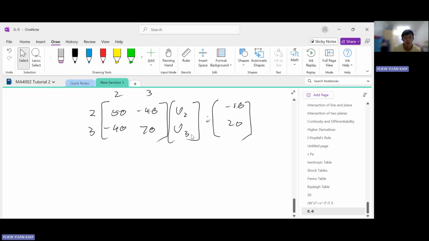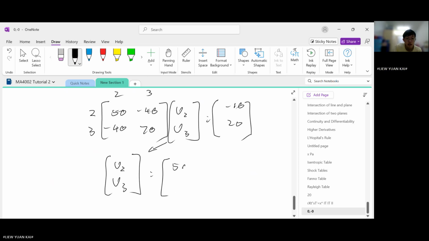You can simply solve this using algebra, or you can solve this by moving this square matrix to the other side. If you move the square matrix to the other side, you will invert the matrix. So U2 and U3 will remain on the left-hand side. Then that square matrix will become inverted and then multiply with the 2 by 1 matrix here.